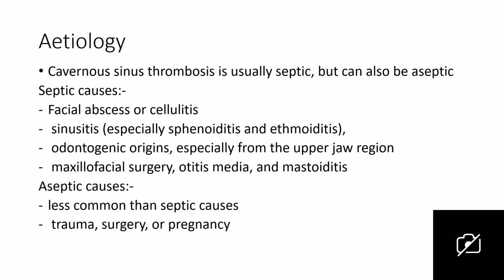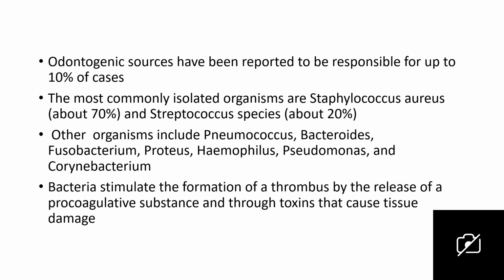Aseptic causes are less common than septic causes, and examples include trauma, surgery, or pregnancy. Odontogenic sources have been reported to be responsible for up to 10% of the cases.